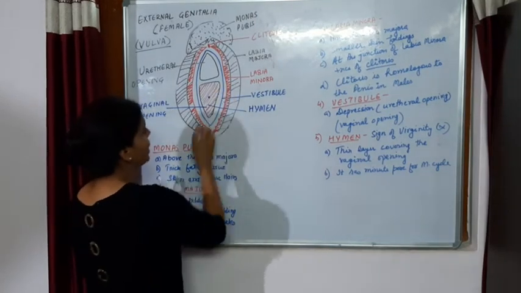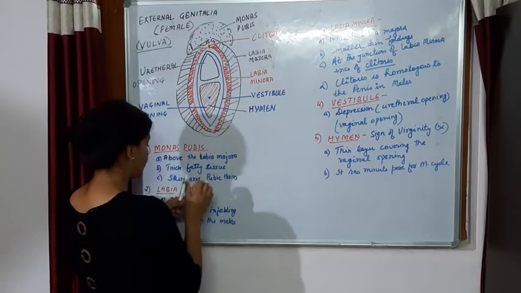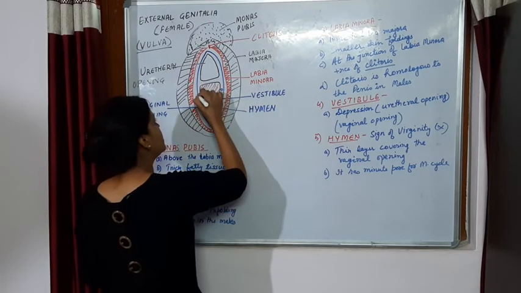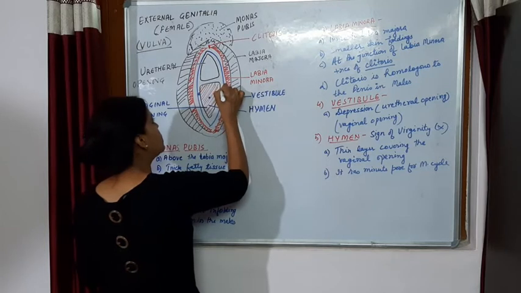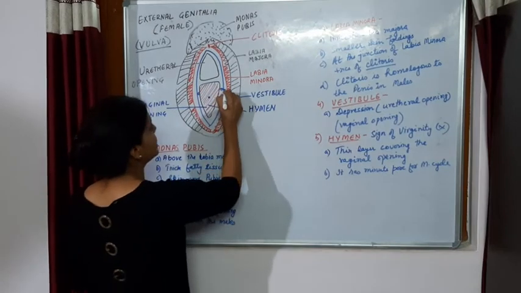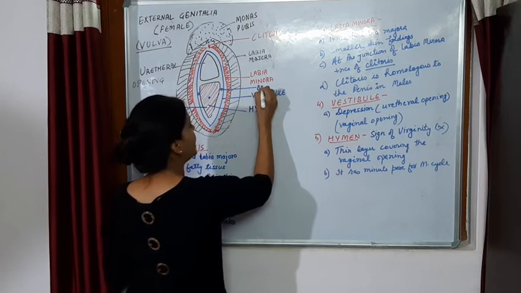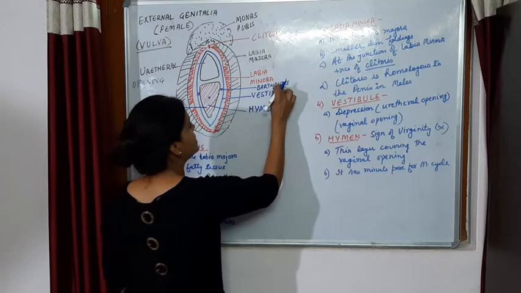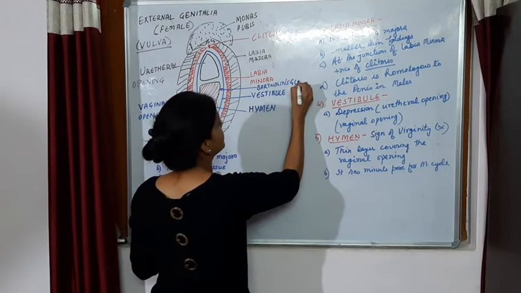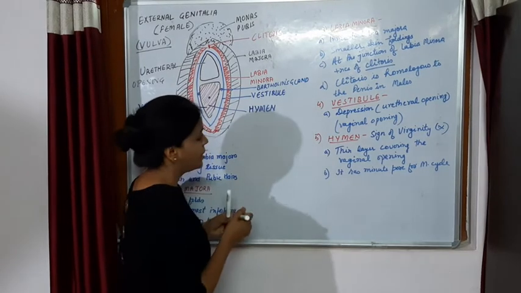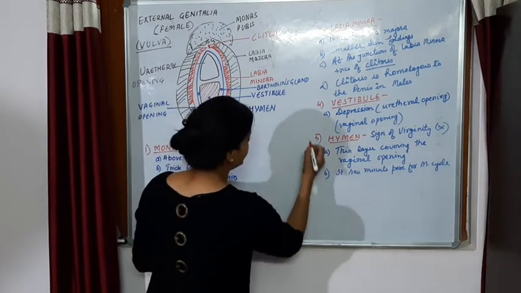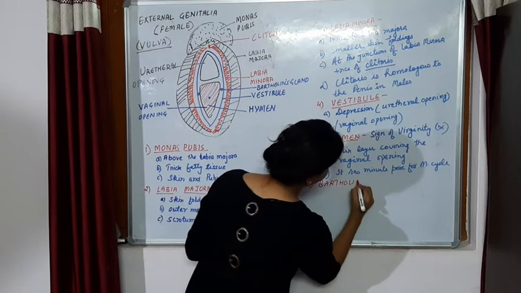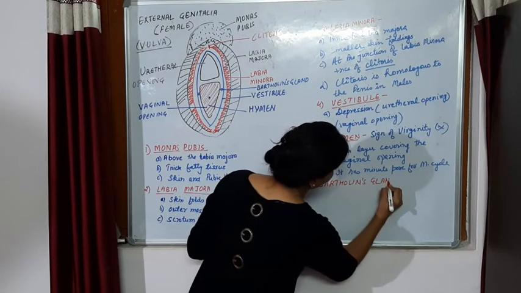So in the vestibule part, the vaginal opening shows two openings over here, and these are the Bartholin's glands. The sixth point is the Bartholin's gland.